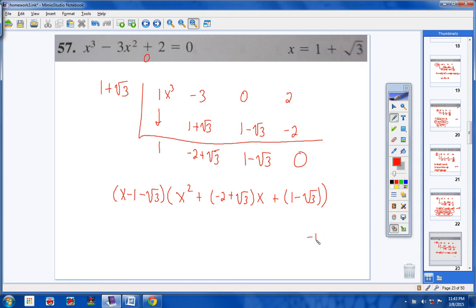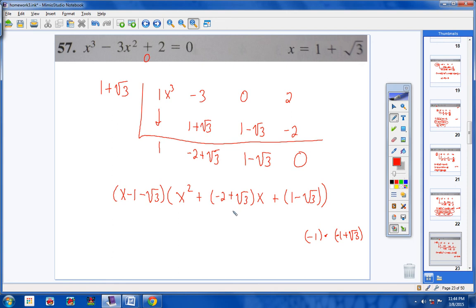If I take negative 1 times 1 minus square root of 3, times negative 1 plus square root of 3. If I take this times this, I would get this. And if I add these two together, I will get this.